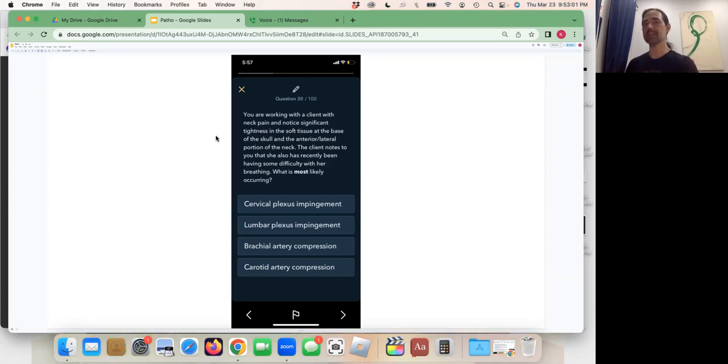So what are they really asking here? They're asking you to discern whether the tightness at the base of the skull and the anterior and lateral portion of the neck is due to the cervical plexus, cervical nerves, the lumbar plexus from the lumbar nerves, or the brachial artery or the carotid artery.